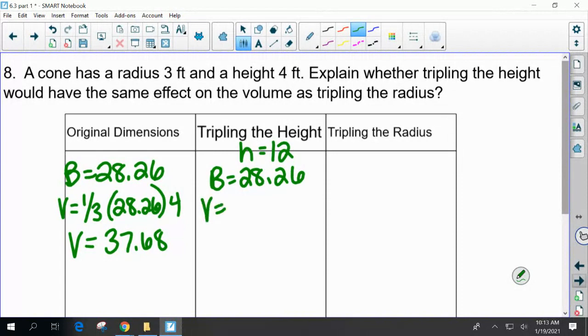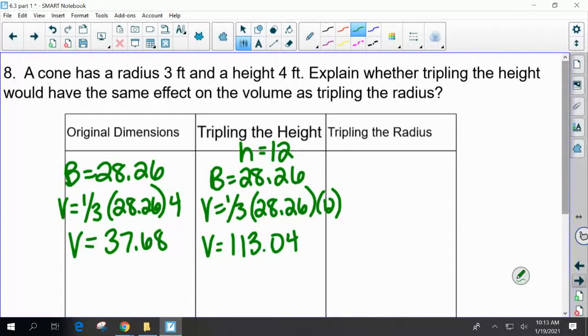So my volume would be 1/3 times 28.26 times my new height of 12. And what does that equal? 113.04. Okay.